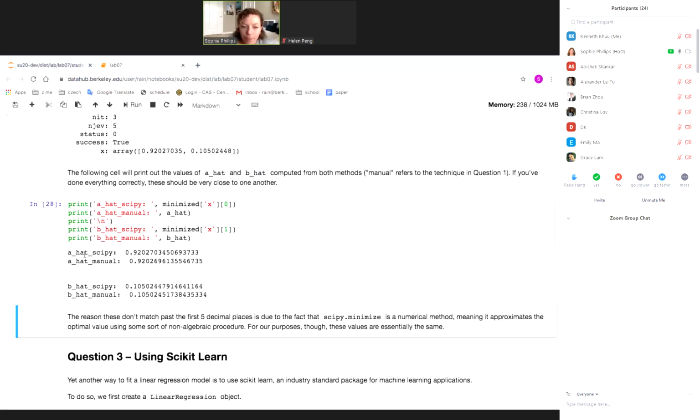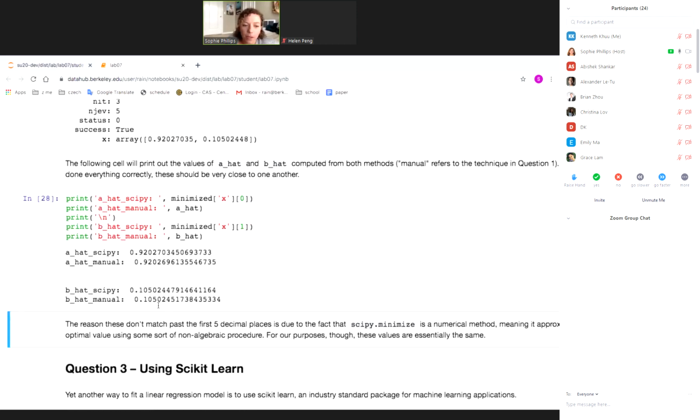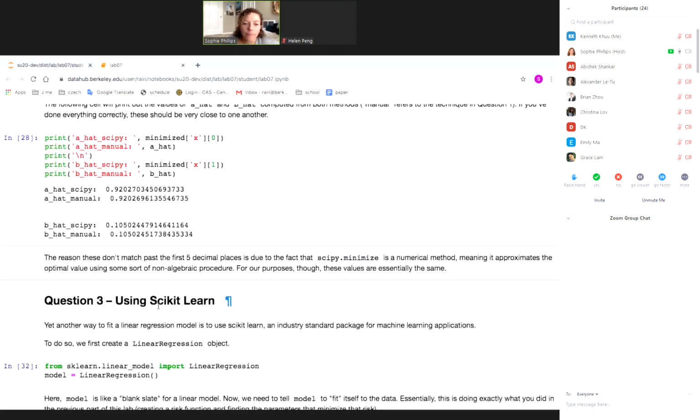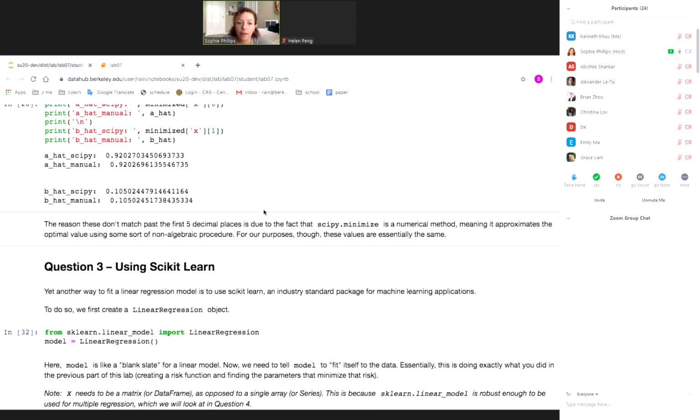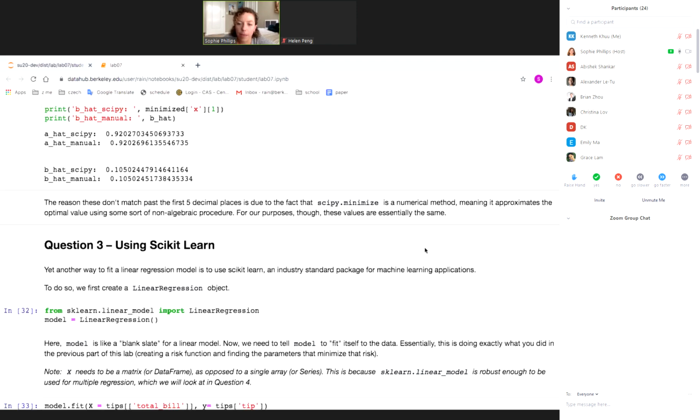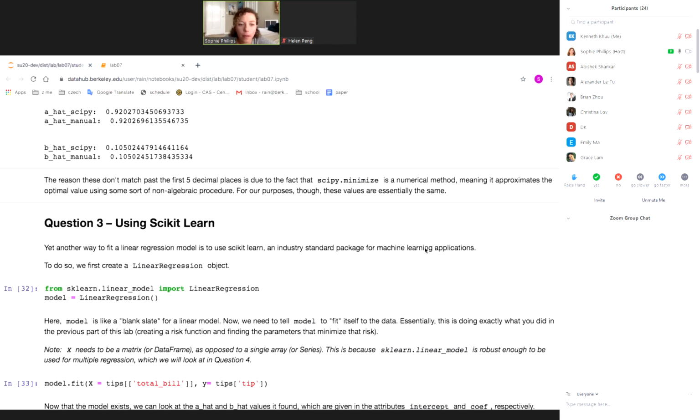So these are very similar to what we got manually, but after about 5 decimal places, they start to disagree. That is just due to the fact that scipy minimize is a numerical method, meaning it approximates the optimal value using non-algebraic procedures. But for our purposes they're basically the same.